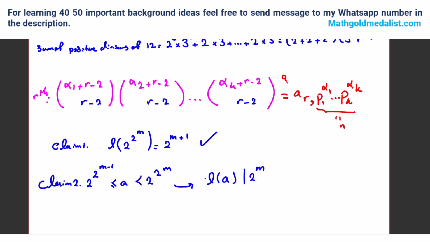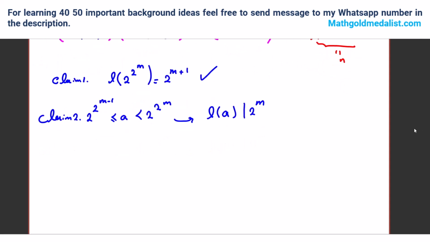Do you agree that we proved claim 1, right? By claim 1, we can say L of 2 to the m minus 1 is what? Is 2 to the m.